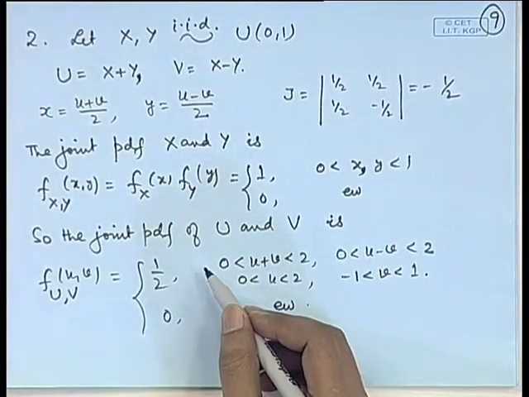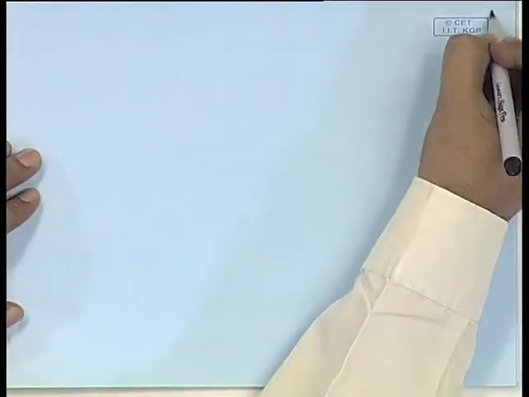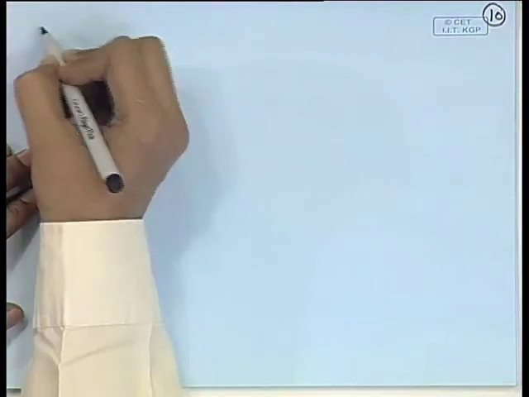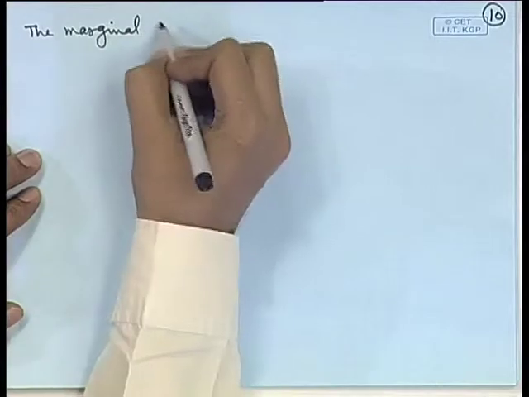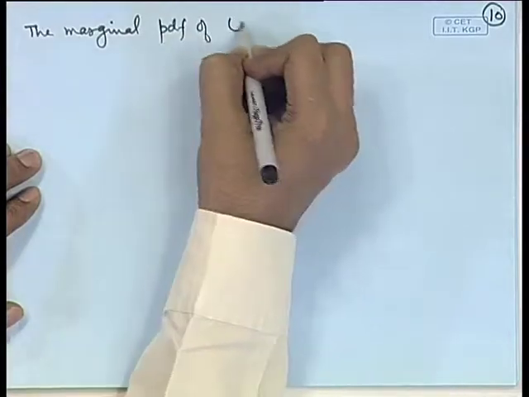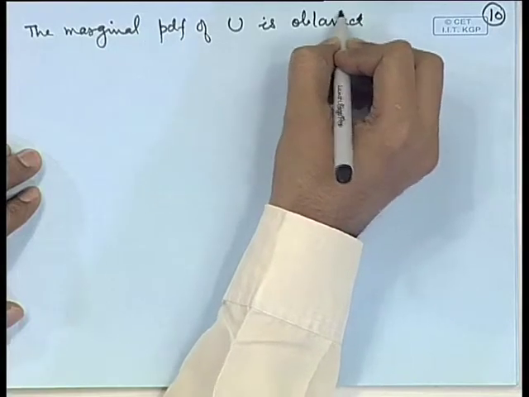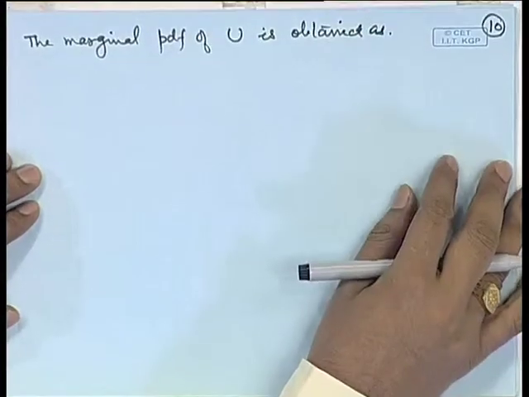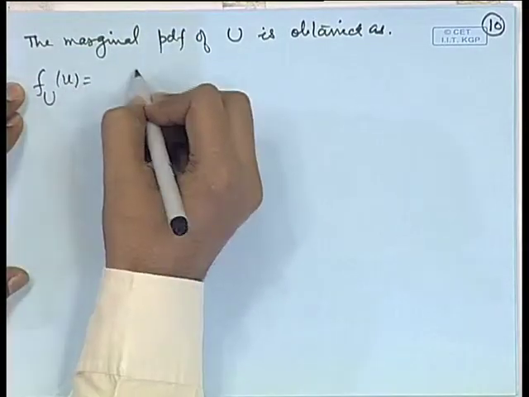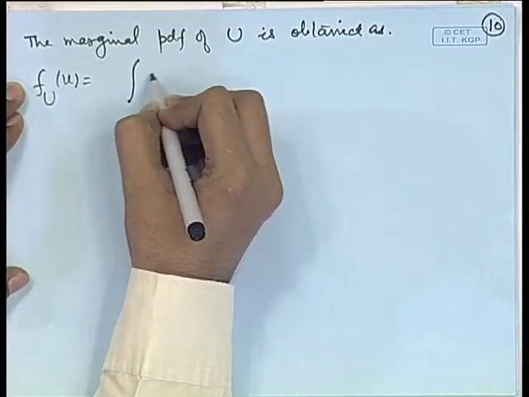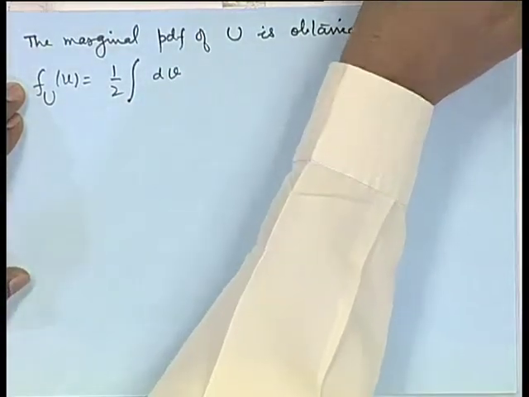So, the marginal density of u is obtained as, so, f u is the integral of this joint density, that is half d v. Now, notice here the range of v.